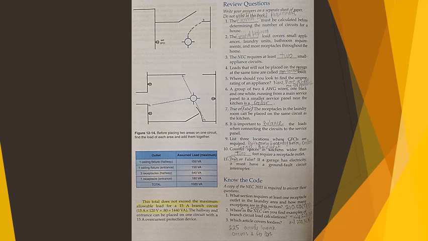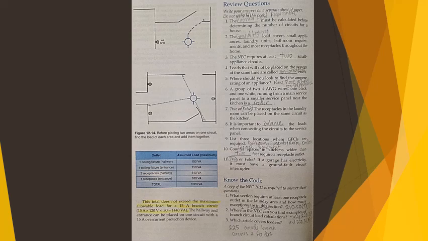The total electrical load requirement must be calculated before determining the number of circuits for a house. The general lighting load covers small appliances, laundry units, bathroom requirements, and most receptacles throughout the home. The NEC requires at least 2 small appliance circuits.